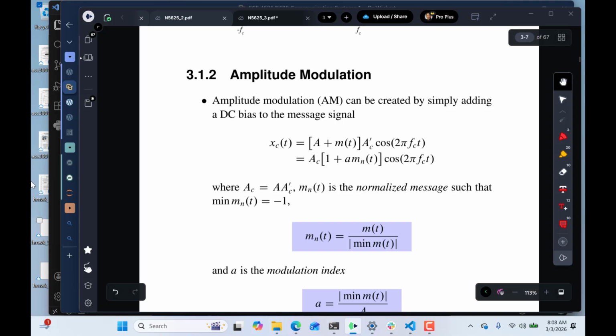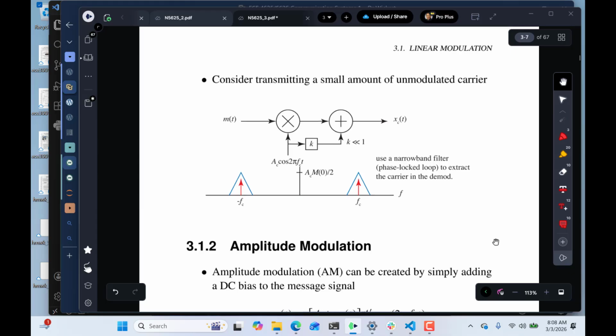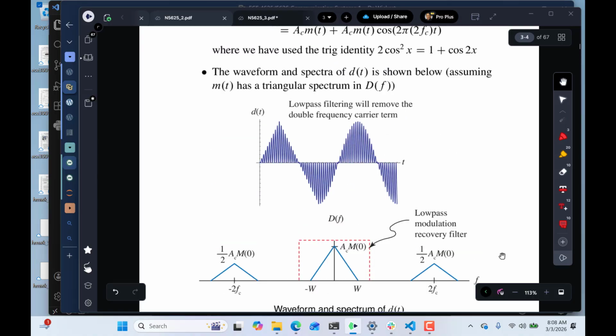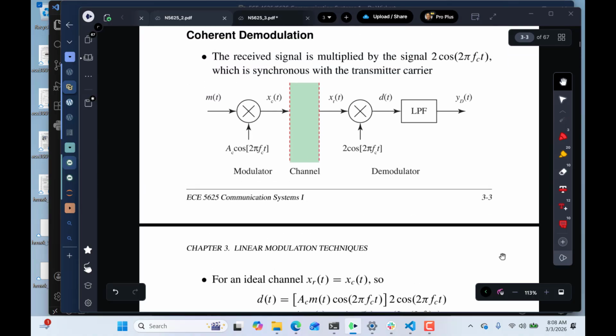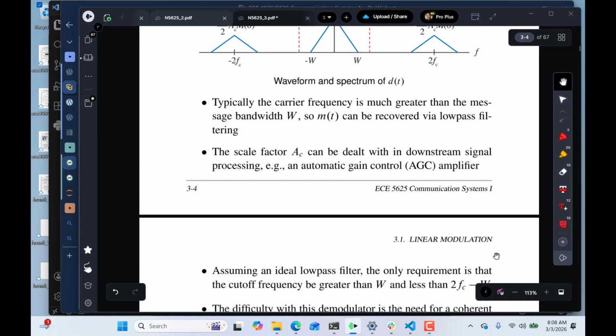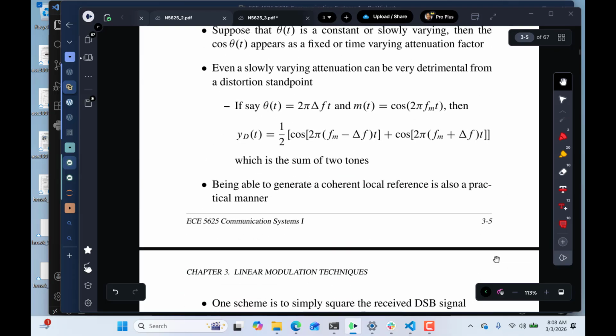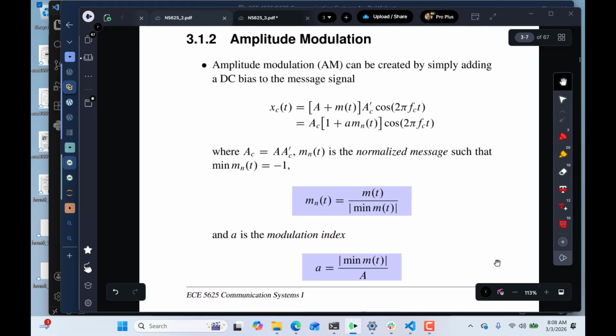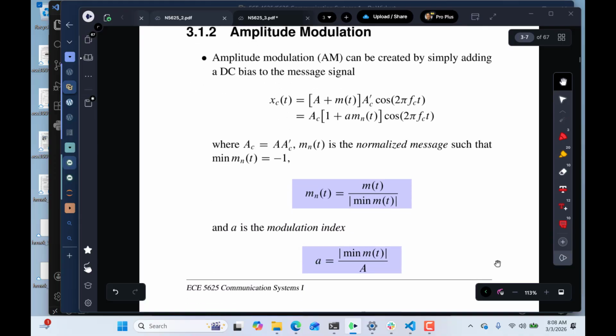So last time we were looking at amplitude modulation, and the very basis of it is that we start by putting a message type signal, which could be digital or analog, and we put a bias on that signal.